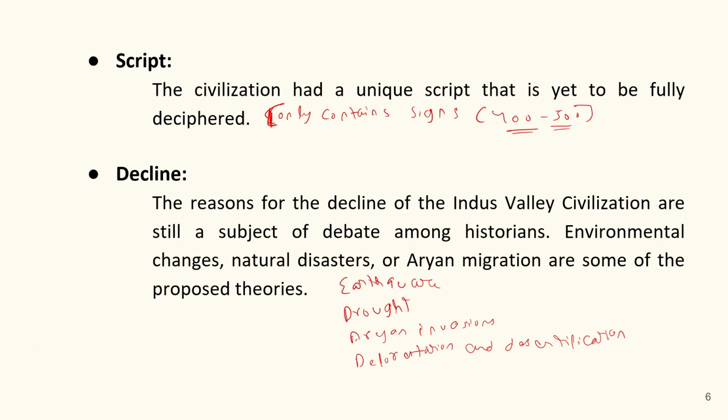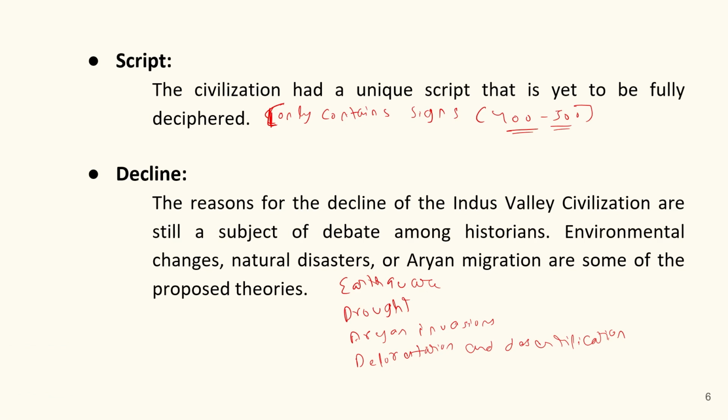Then Aryan invasions. We will learn about them in the next topic of Vedic civilization. It is considered that the Aryans came to India, destroyed and killed the people of the Indus Valley, and then destroyed the Indus Valley civilization completely. Then deforestation and desertification.